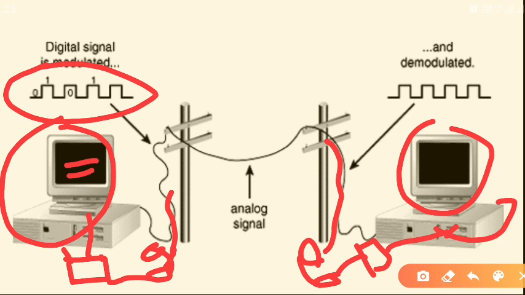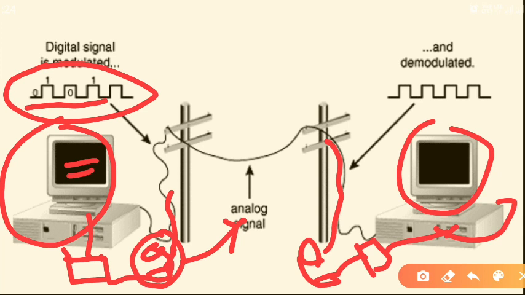The digital signals are signals like this, which contain zeros and ones, in binary form, and your computer only understands digital signals. But the telephone understands only the analog signal.